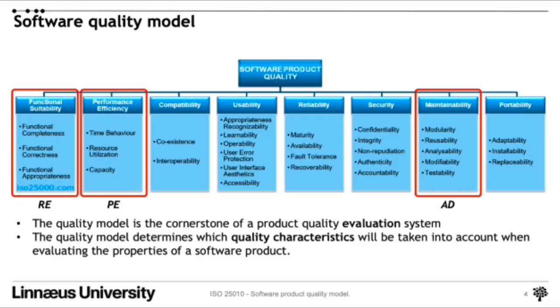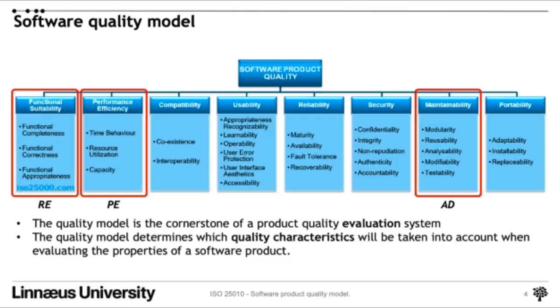In particular, we're going to discuss modularity, which is very important: what modularity is, why it is important, and how to achieve it. Then reusability, analyzability, modifiability, and testability. These are very important quality attributes that we will discuss during this last module.